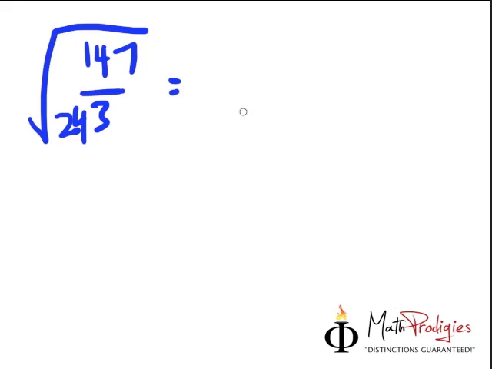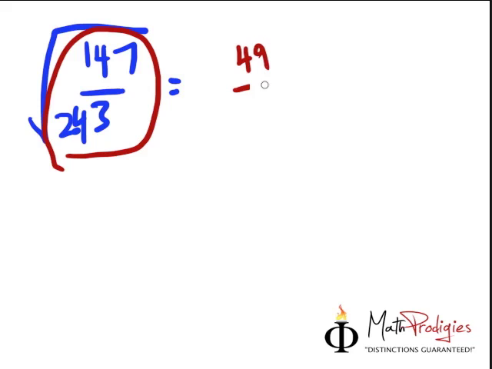But what we can do is to notice that we can actually reduce the fraction within. We divide it by, let's try 3. So 147 divided by 3, you will get 49. That's a square number. Okay, and 243 divided by 3, you will get 81, which is also a square number.